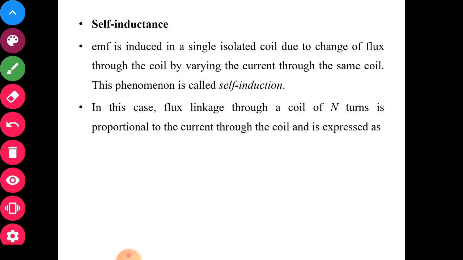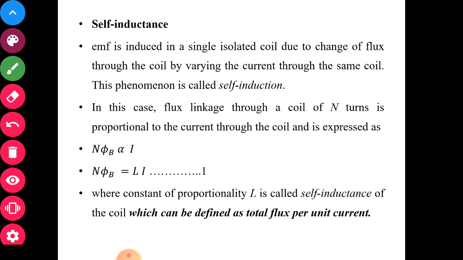In this case, the flux linkage through the coil of N turns is proportional to the current through the coil, and it is given by N phi B proportional to I. Removing the proportionality, it is a constant L, where the constant of proportionality L is called the self-inductance of the coil, which is nothing but total flux per unit current.